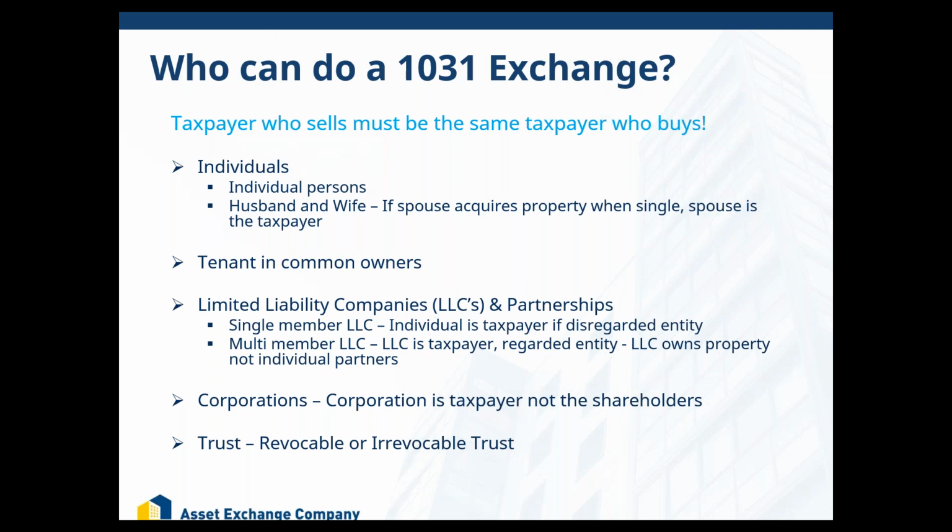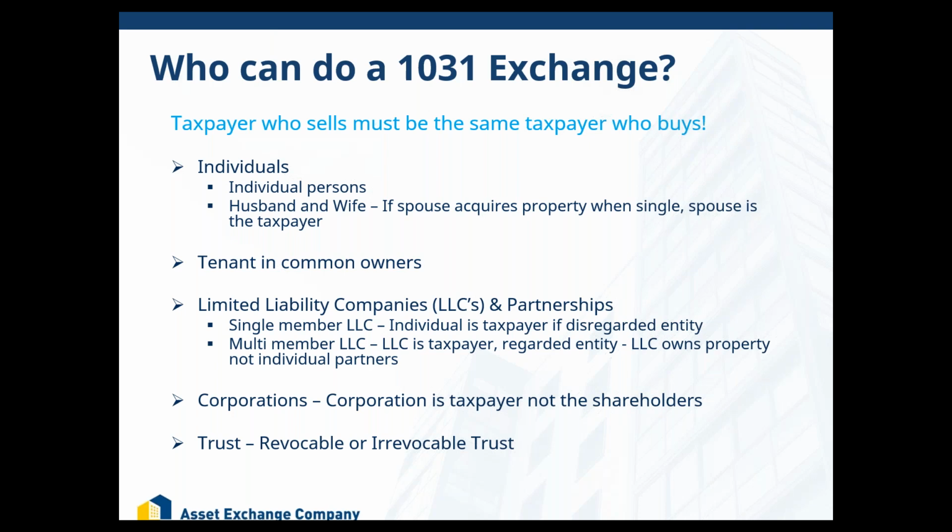Now, my other tenant in common owner, he says, you know what? I have no desire to purchase any additional investment properties. I have no desire to do any type of 1031 exchange. I'm fine with just selling, paying my taxes. Well, he has the option to do that. Just like me, I have the option if I want to take my 50%, do a 1031 exchange, defer my taxes, buy a replacement property.